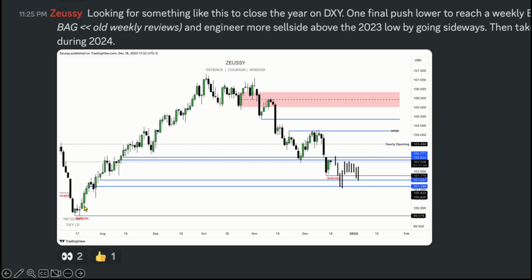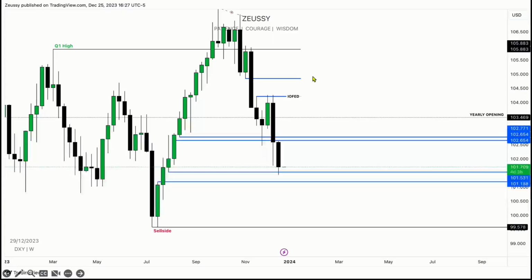So in terms of the engineering of liquidity, this is how IPDA stops right before key price objectives to trap certain individuals into believing that a long-term low is in, while in reality they're just engineering more sell-side liquidity that can be targeted at a later point in time. So that's why I wrote this, and that's why that was my analysis for the previous week.